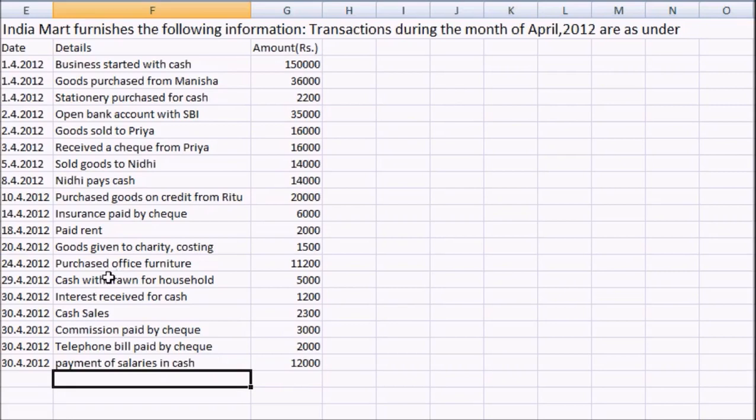So any payment would lead to be a decrease in cash, and any decrease in cash would be considered to be a credit, and the furniture is an asset, and any increase in asset would be debit.